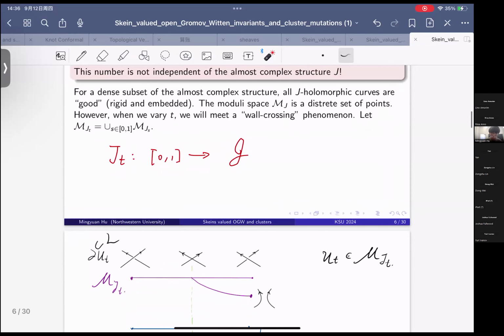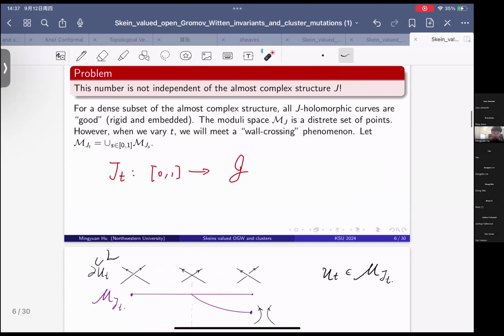So for some good almost complex structure, all J-holomorphic curves are good, meaning all curves are embedded and rigid. So the moduli space is just a discrete set of points.